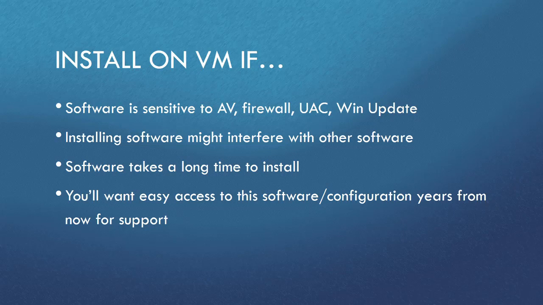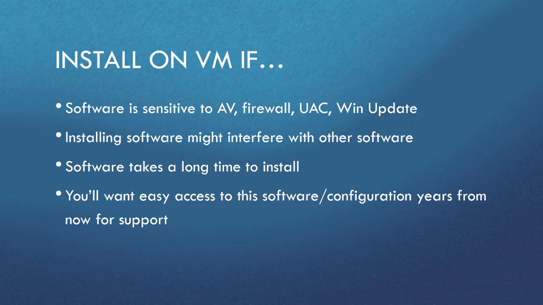And then finally, I want to talk about support. Maybe there's this one machine in the corner of your shop that you set up a few years ago, and all of a sudden something goes wrong, and you have to go connect to that again. Well, you're going to want to have access to that older software.